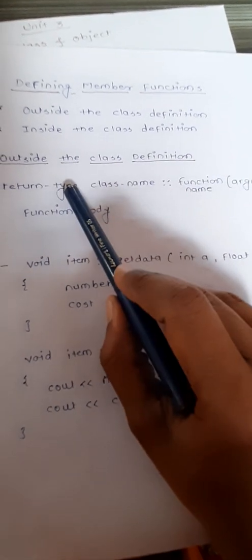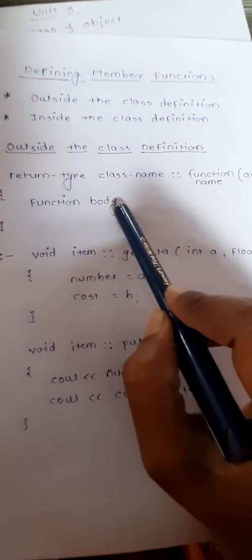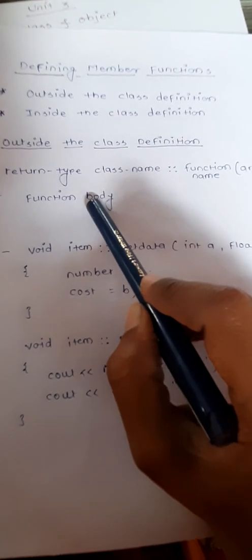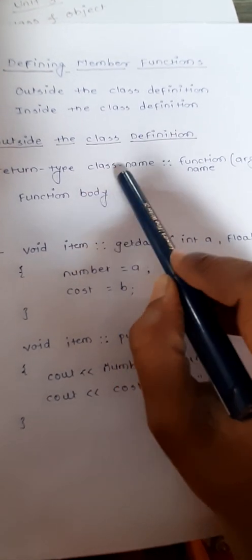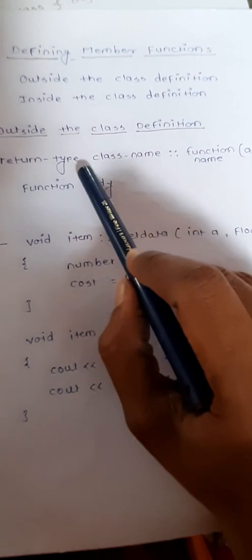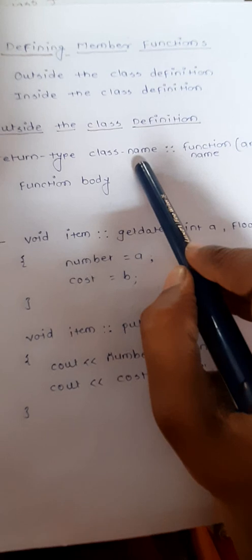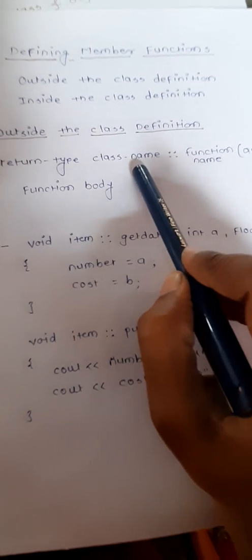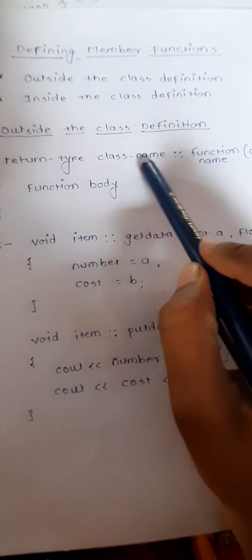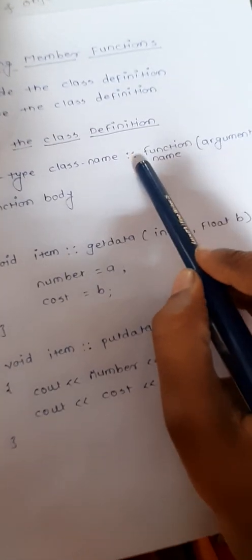Return type means the data type of the value the function will return after execution of the function body. Then class name, the class in which that method is present. Then the scope resolution operator.